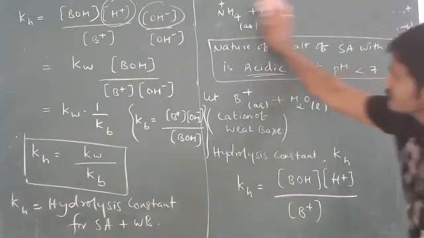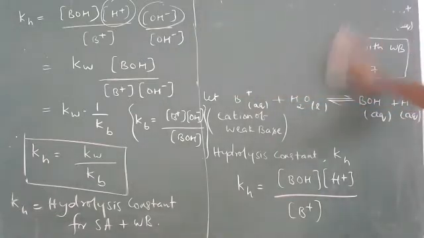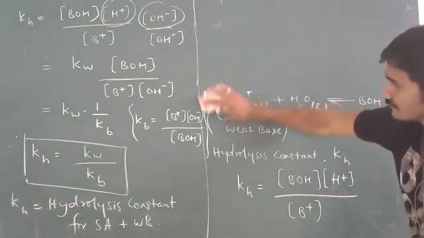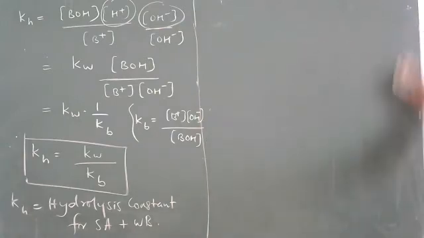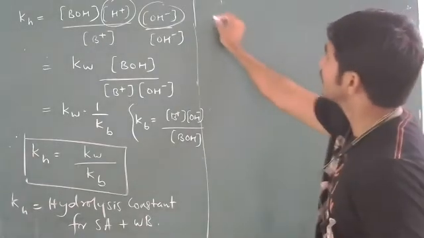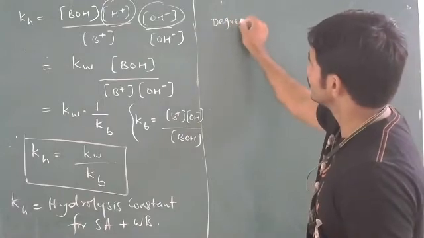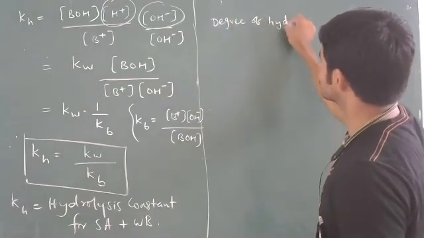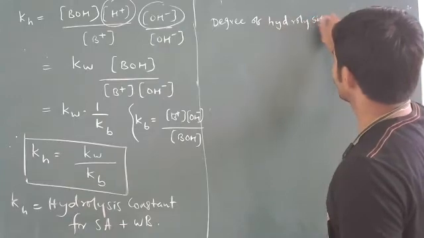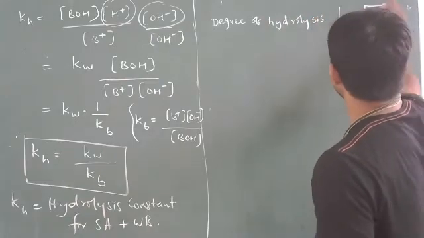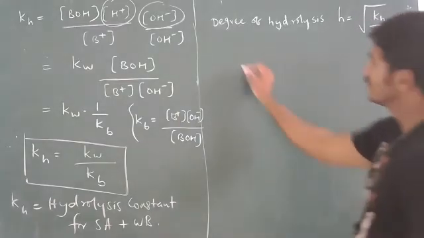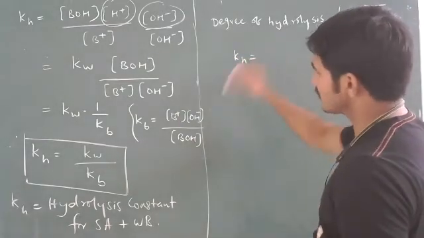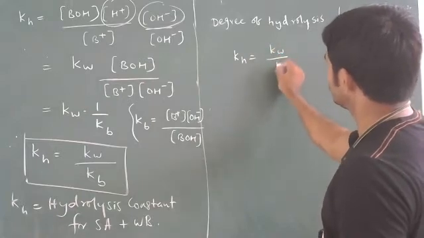Now I'm writing the degree of hydrolysis. The degree of hydrolysis h is given by the general formula KH by C. But here KH for strong acid weak base is KW by KB.